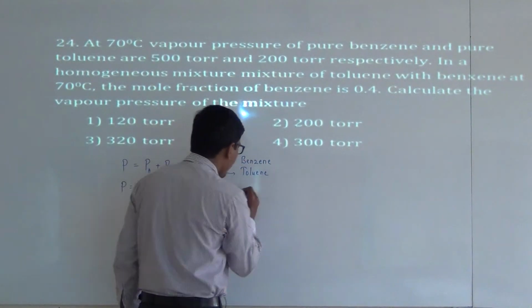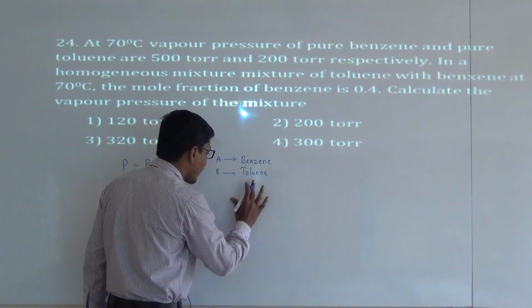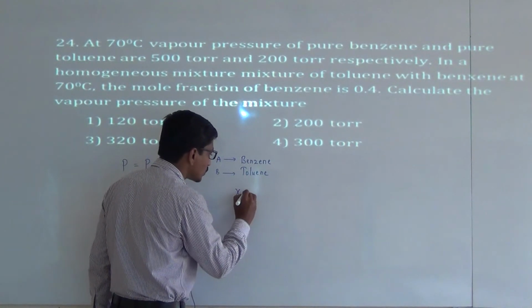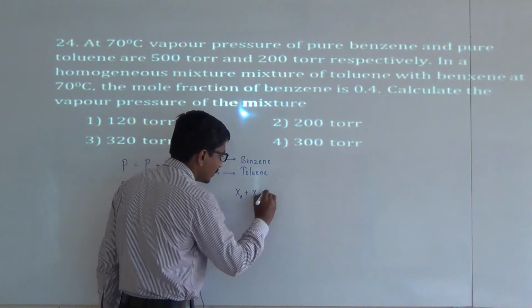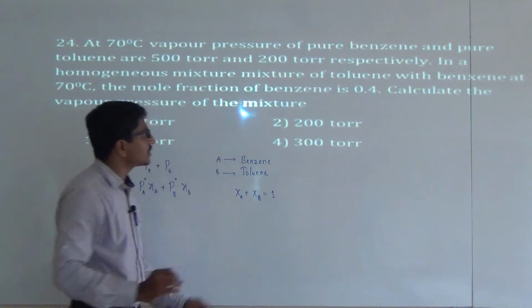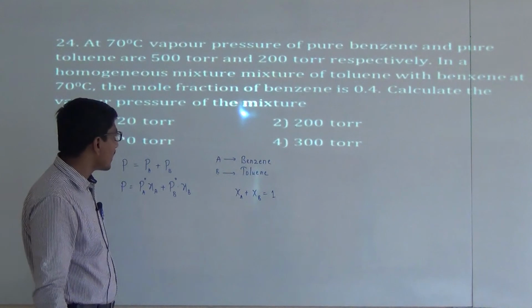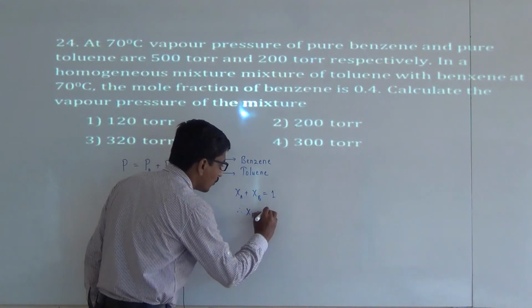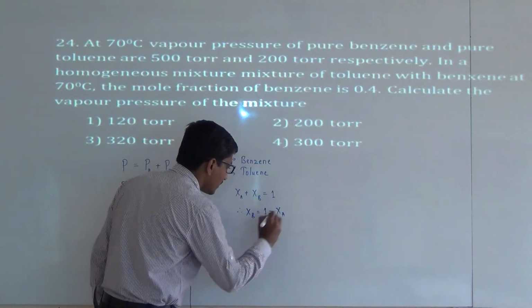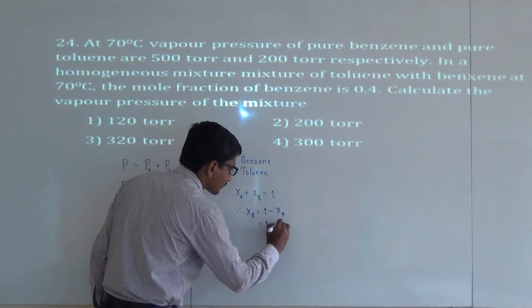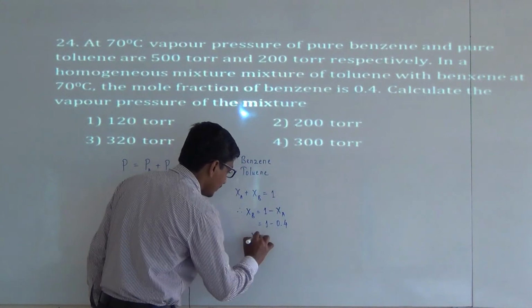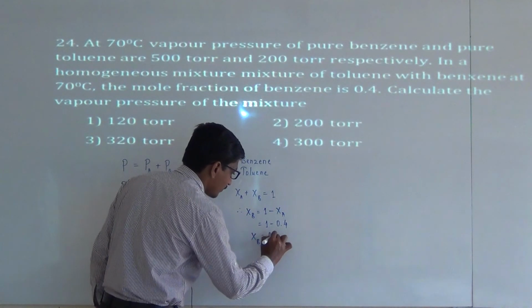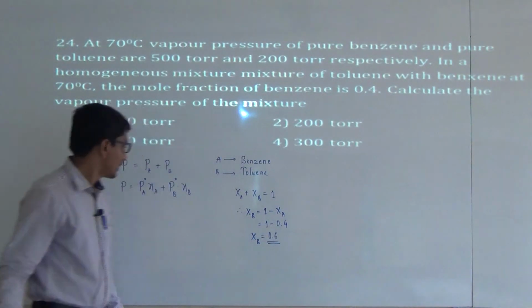The sum of mole fractions of all the components in the solution is always unity. From this relation, the mole fraction of toluene can be calculated. Therefore, XB is equal to 1 minus XA. XA is 0.4 and XB is equal to 0.6.